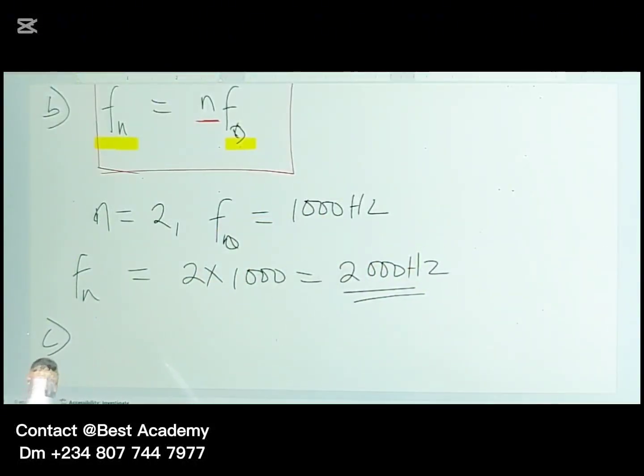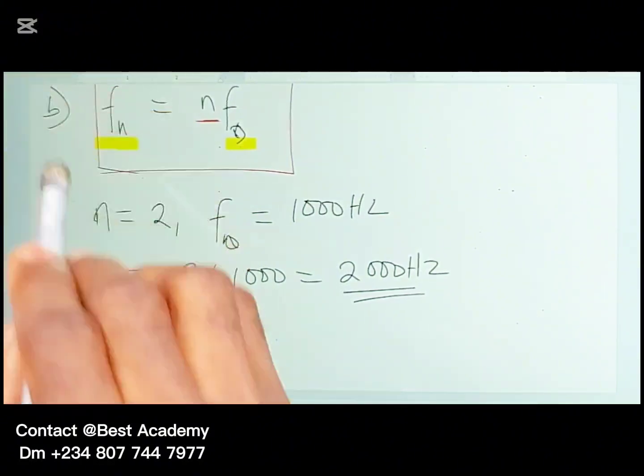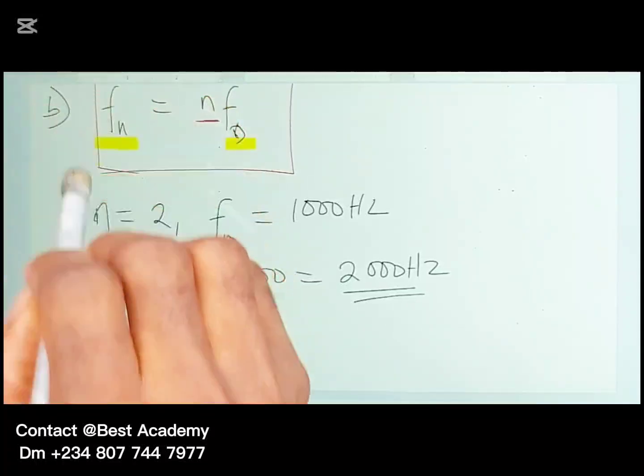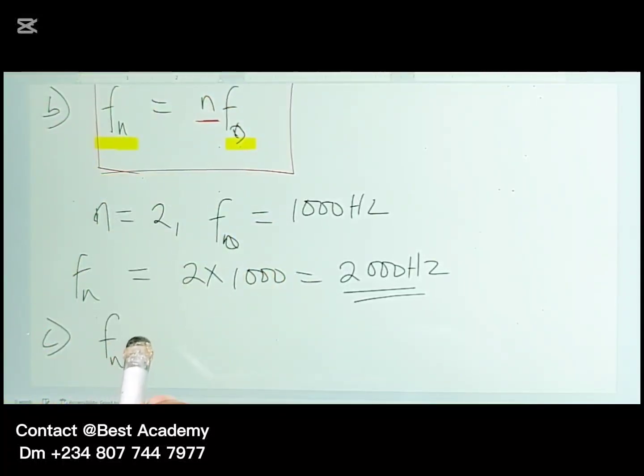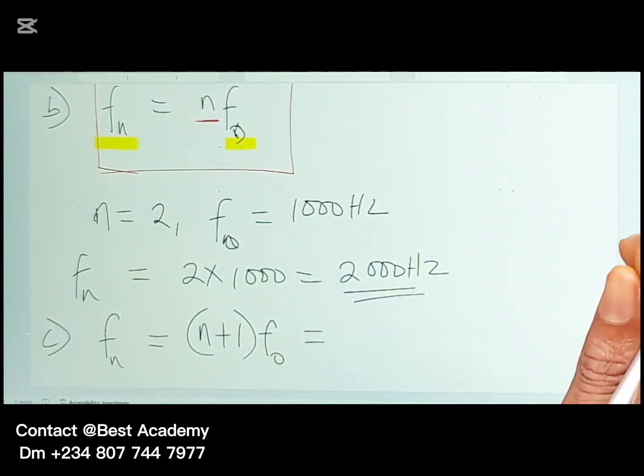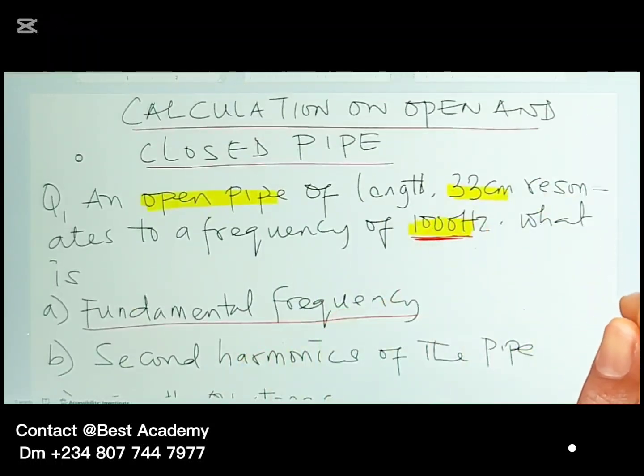So the formula for the overtone of an open pipe is said to be f of n is equal to n plus 1 times f of naught. And we know that we are asked to find the overtone.